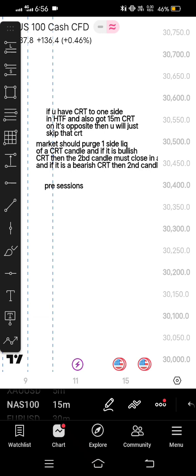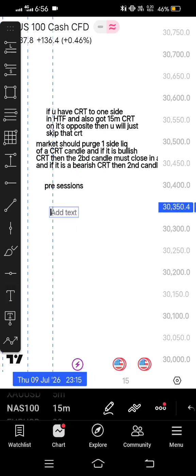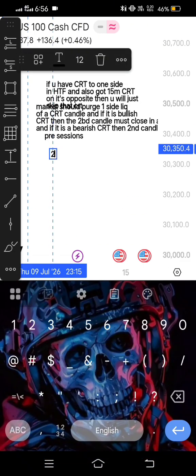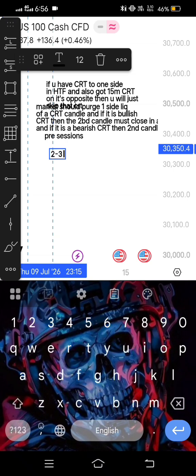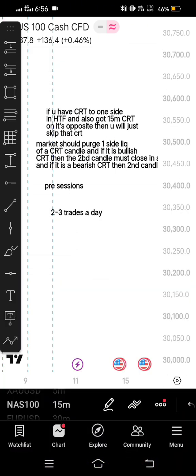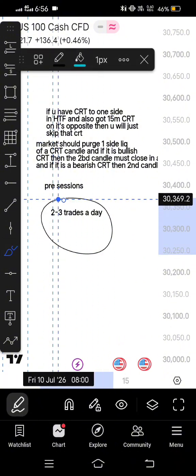So you get two to three trades per day, and these trades are not bullshit. These trades will be A plus trades.